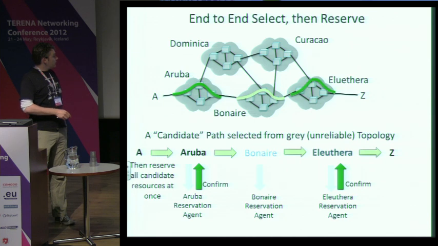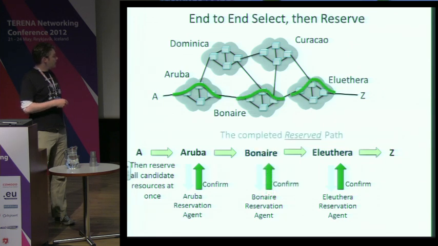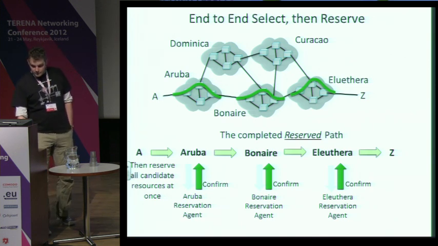Each sends a confirmation back that the circuit is actually available, and then you have a complete path. So you first select the network, and then you make a reservation.